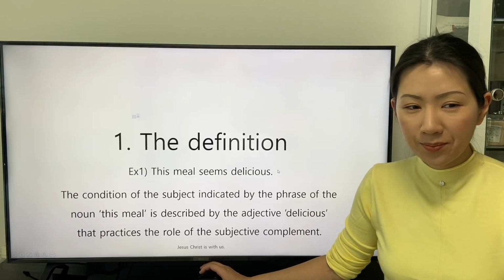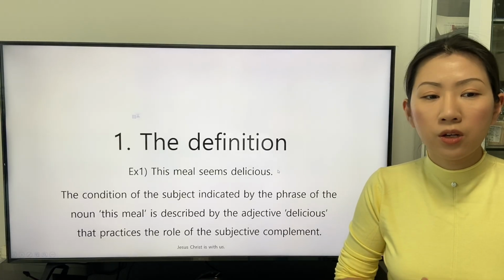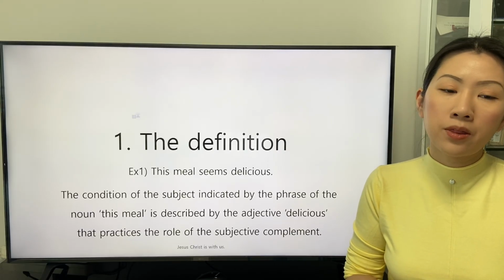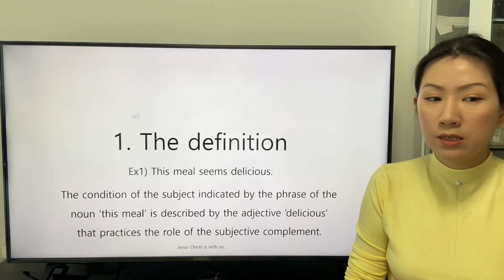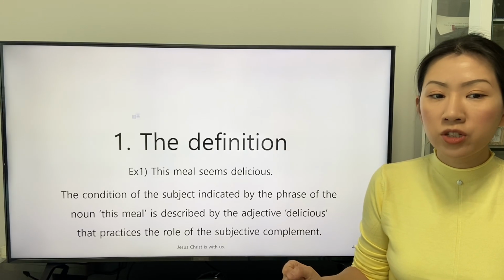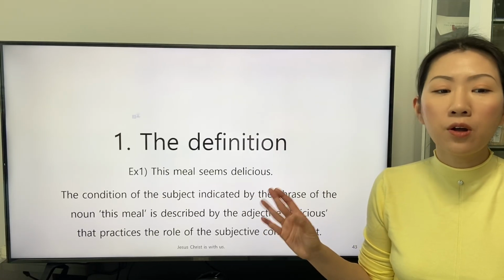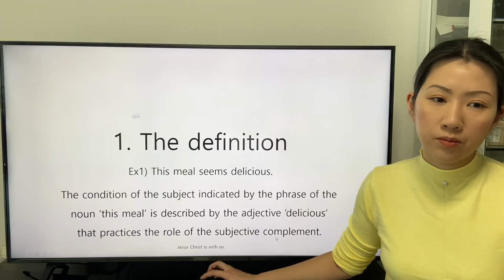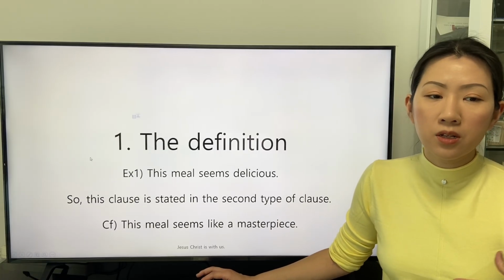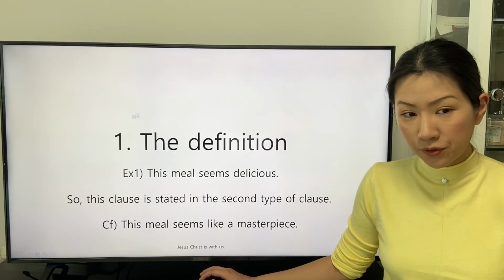More precisely, the condition of the subject indicated by the noun phrase, this meal, is described by the adjective, delicious, that practices the role of the subjective complement. So this clause is stated in the second type of clause.